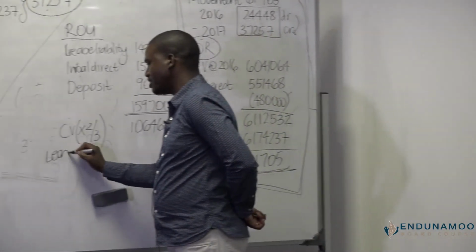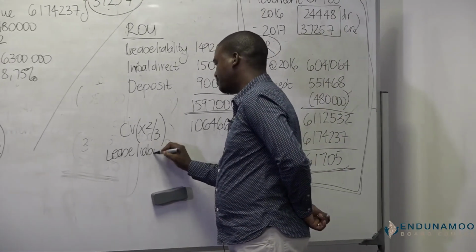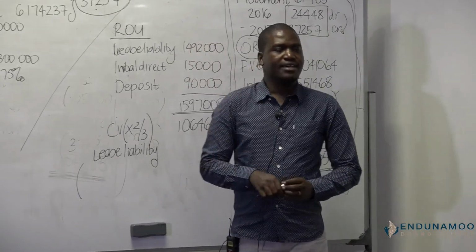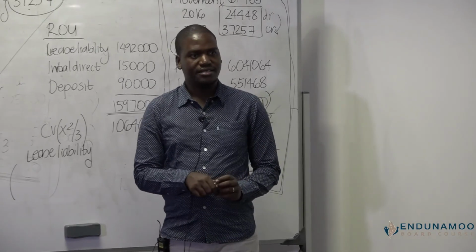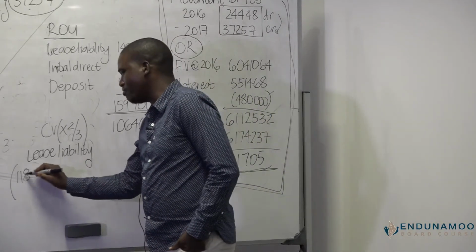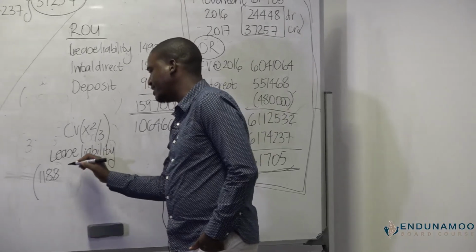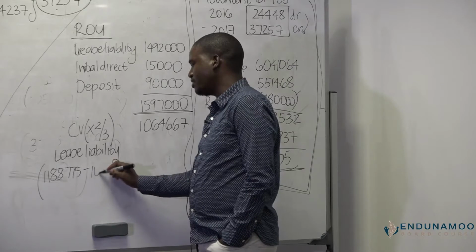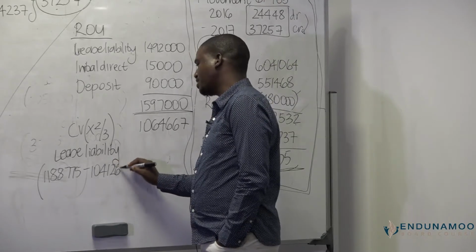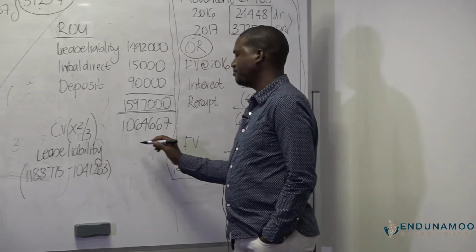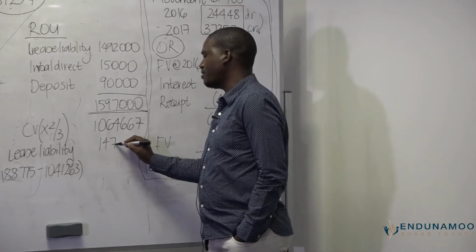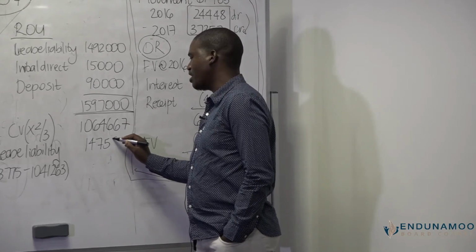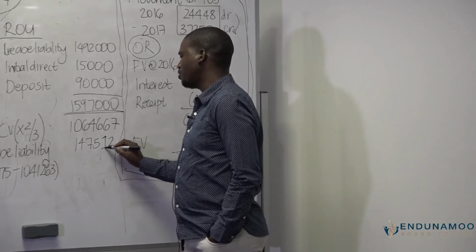Lease liability remeasurement. Is it an addition or a subtraction? So you are coming from 1,188,775 compared to 1,041,263. So how much? 147,512.